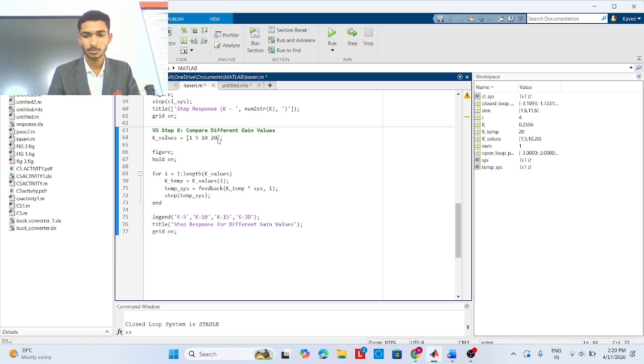This also we have to change. Now check 10 and 5. So now run the program.